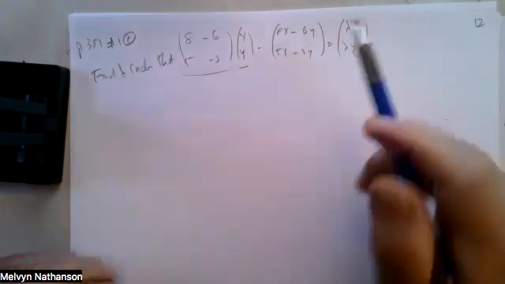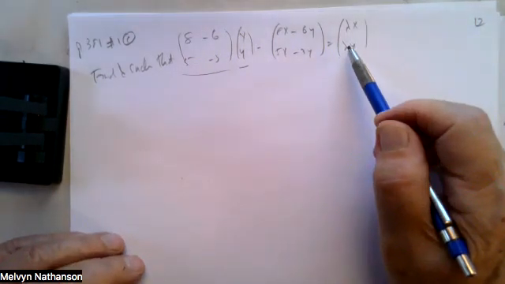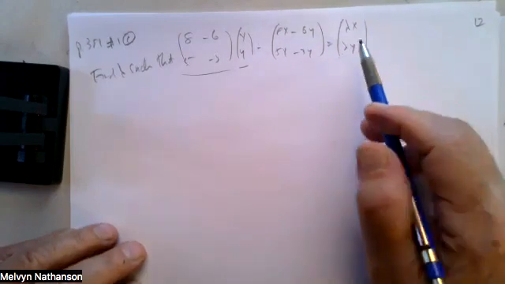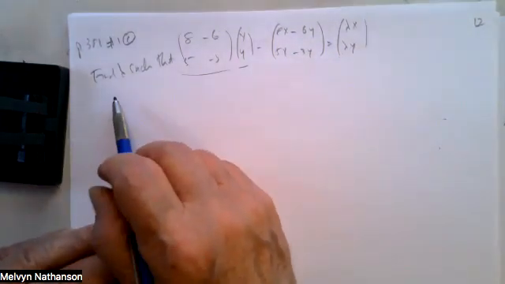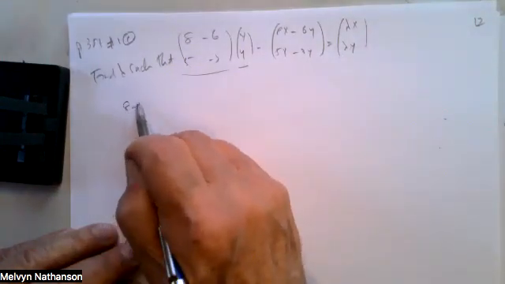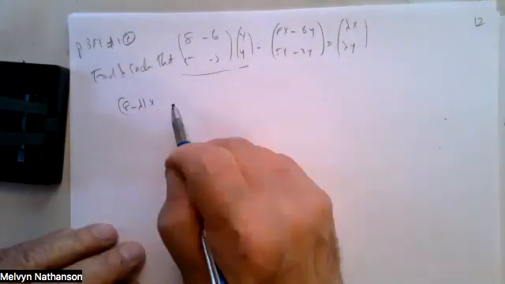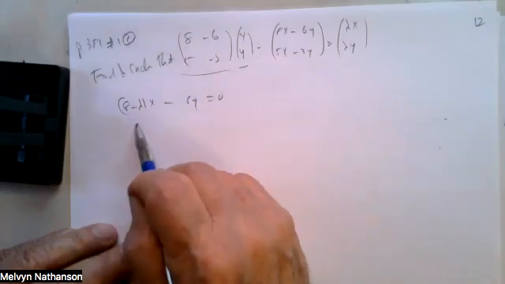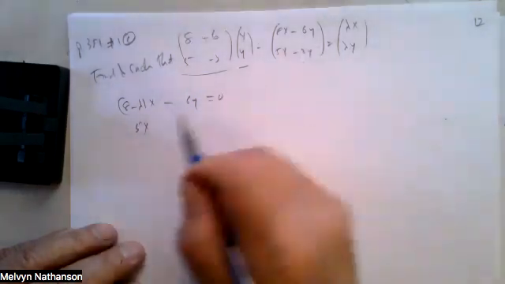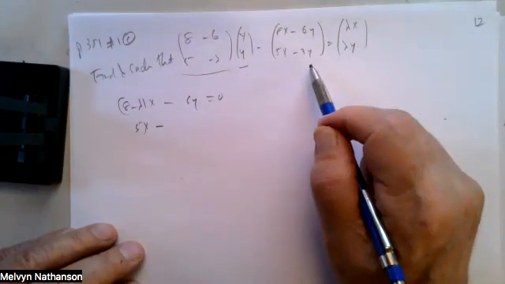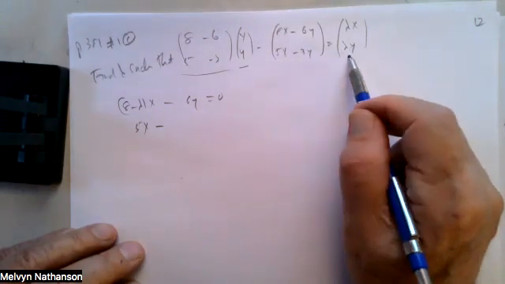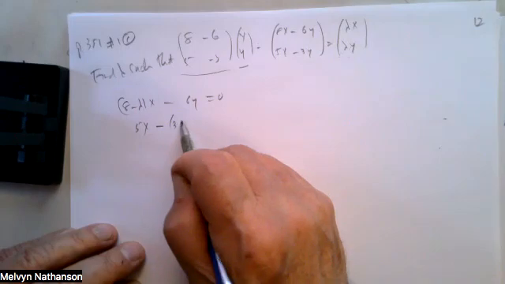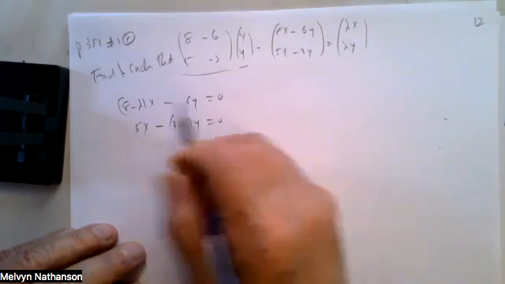So again, this corresponds to solving 2 equations and 2 unknowns. The equations are (8 - λ)x - 6y = 0, and 5x - 3y - λy, that is (-3 - λ)y = 0.